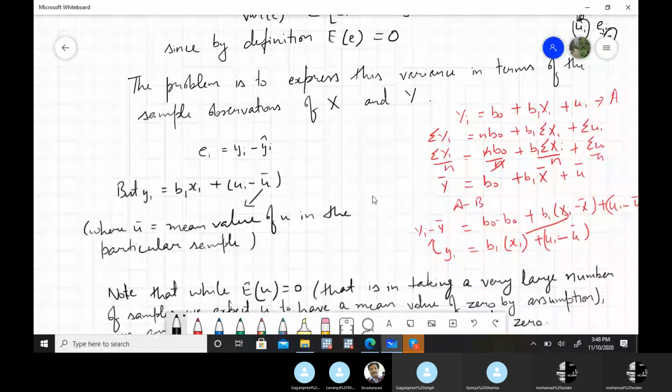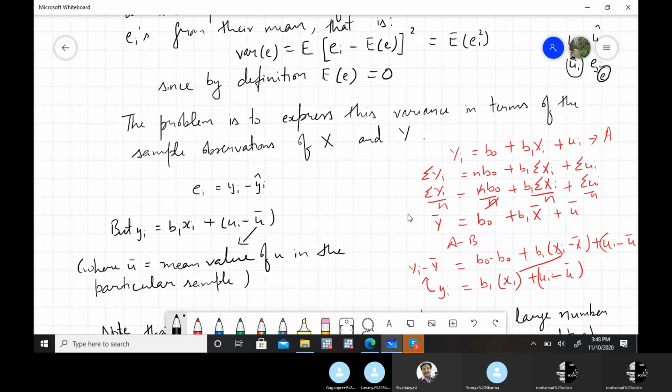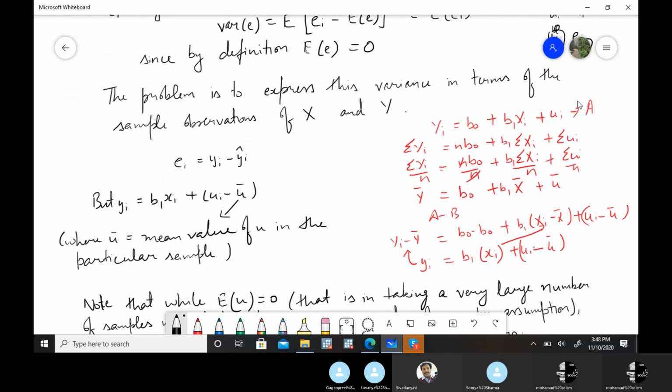Now, this is the residual, right? Yi minus y hat. Let's take it in the deviation form. Just try to understand this red part. This is the equation, like the population regression function.